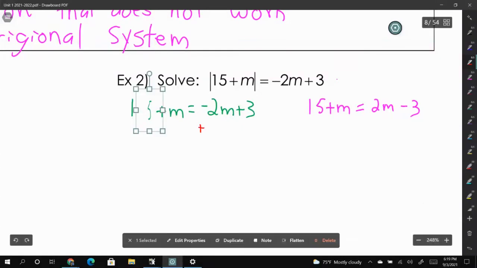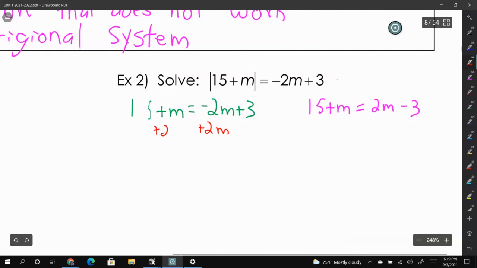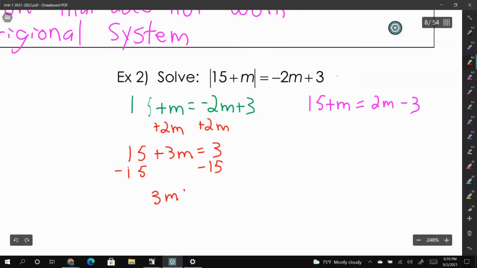So over here, we'll add 2m to both sides. So that's going to be 15 plus 3m equals 3. Subtract 15 from both sides, and we get 3m is equal to -12.